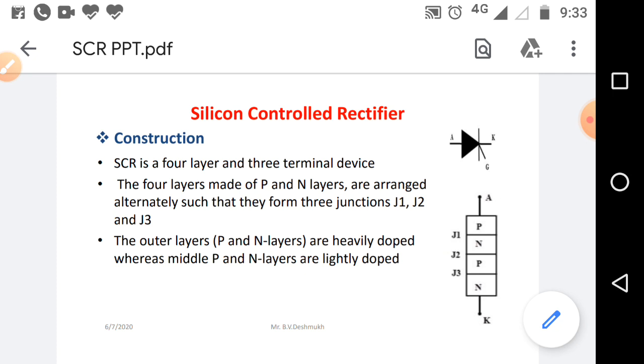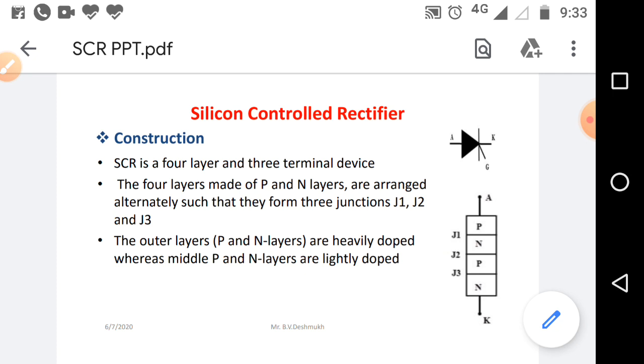In the left-hand diagram, P-type semiconductor and N-type semiconductor are mentioned. The arrangement is P, N, P, N. It means an alternating arrangement of P-type, N-type, P-type, and N-type semiconductor.